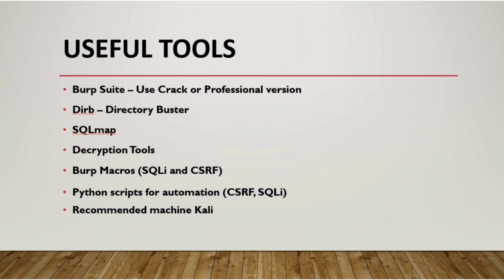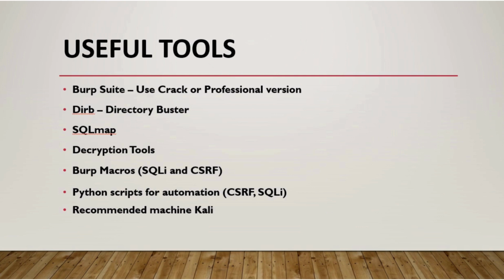Next are useful tools. There are various tools you can use in this exam according to the pen tester's methodology. Some of the tools are Burp Suite, the cracked version and the professional version. Next is Dirbuster, which is also helpful. Next is SQLmap, which will help you exploit the SQL injection and get the database as well.